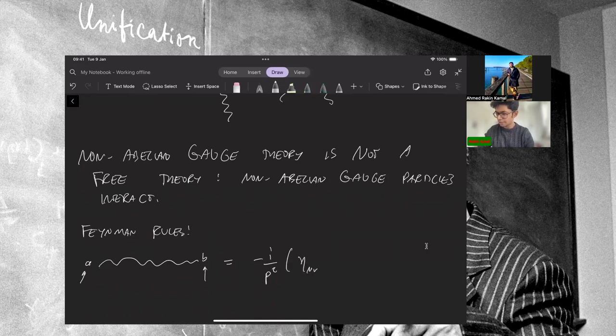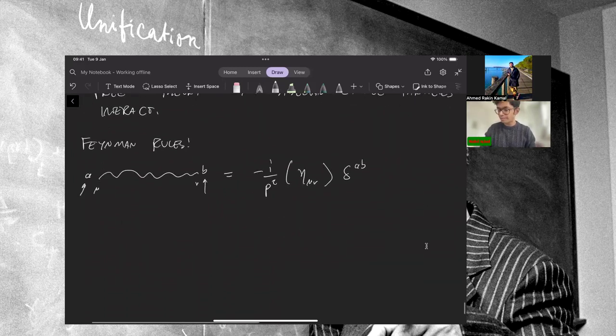And it turns out that you can take this propagator to be this in an appropriate gauge. And then there are also Feynman interaction vertices, which you can calculate, which I'm not going to do, but they're really quite complicated. They're worked out in the notes if you want to see them.